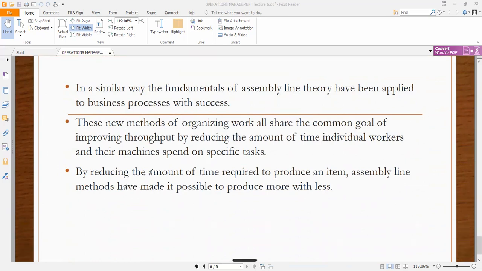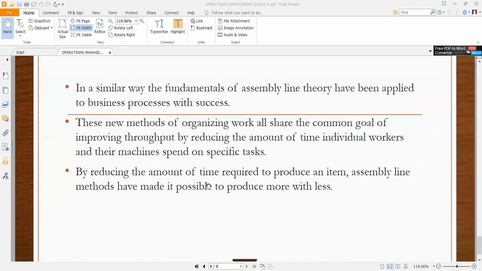By reducing the amount of time required to produce an item, assembly line methods have made it possible to produce more with less. Remember, as we close, every company needs to put in strategies or methods that will reduce the amount of time spent on producing a product.